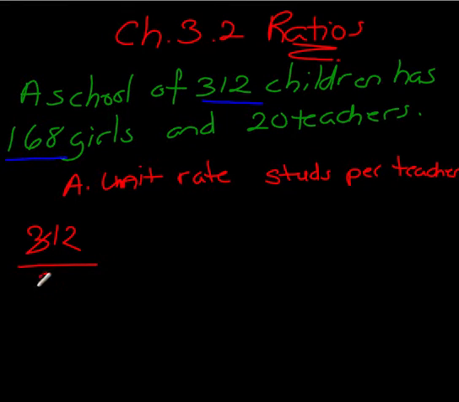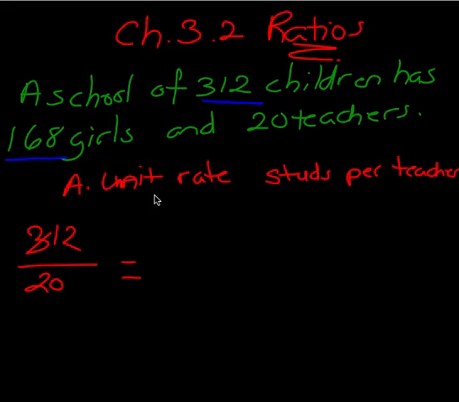And then we know that we have 20 teachers, which when we put that together gives us a ratio of 312 over 20. All right, so that gives me the ratio 312 over 20.